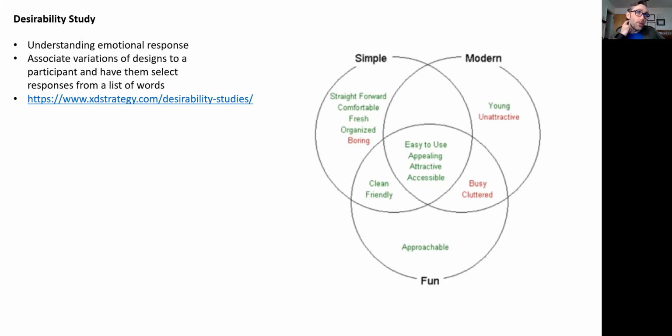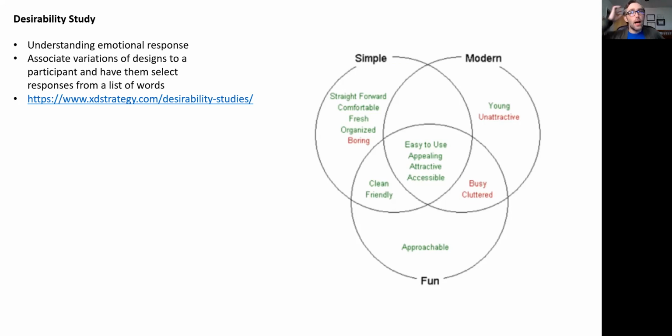When you take those 3 things and you cross them over with one another, you'll find exactly what you need to have in your site or your product or your design to be simple, modern, and fun. And that would be easy to use, appealing, attractive, and accessible. Okay. You can have a list of whatever emotional words that you want, be they adjectives or phrases, or even just nouns or verbs, whatever it is.